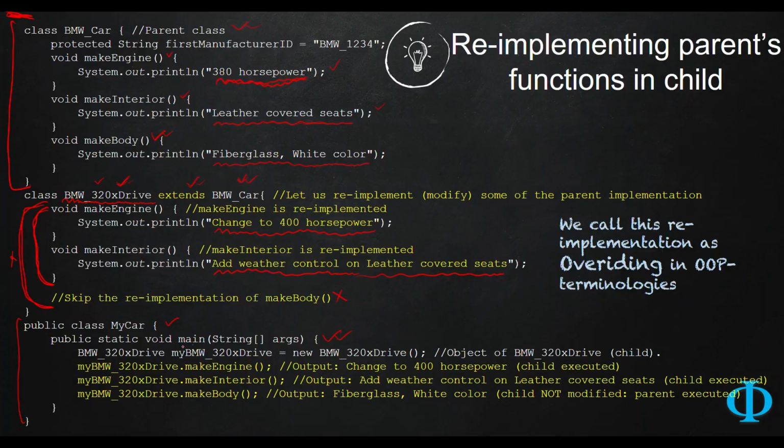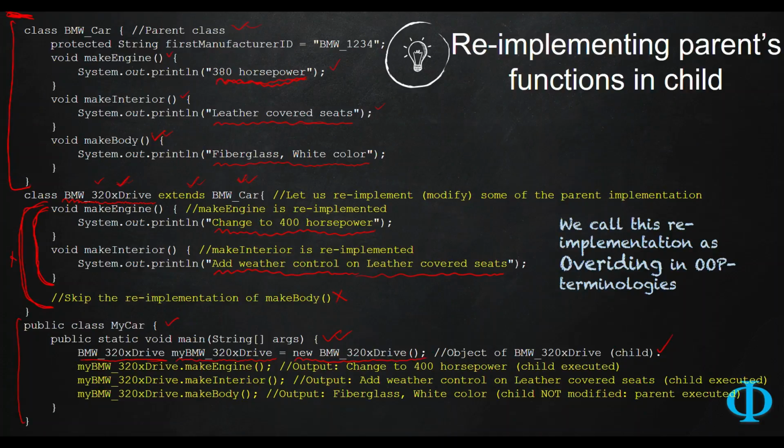And inside this main, as you can see, I have created an object of BMW 320X drive, that is the child class. And this is the name of the object, my BMW underscore 320X drive. And this is how I have just created an object of the child class.